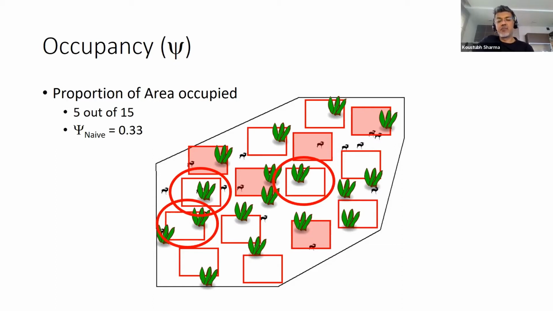We'll be doing a little bit of this later, because naive estimates are a very valuable way of showcasing why it is important to put a certain amount of effort into estimating occupancy through the methods that we will be talking about, rather than just trying to replicate or repeat the surveys the way they are.